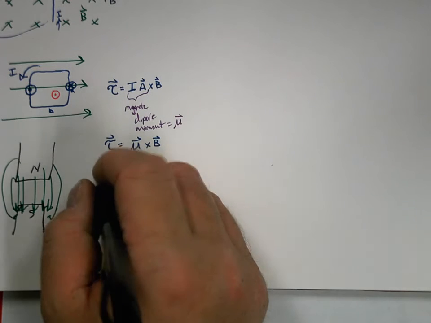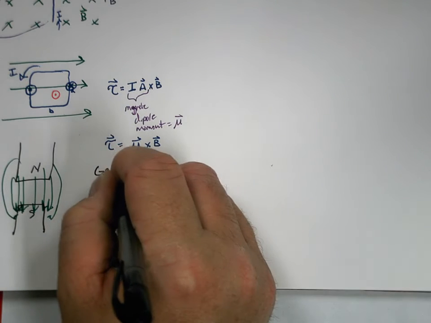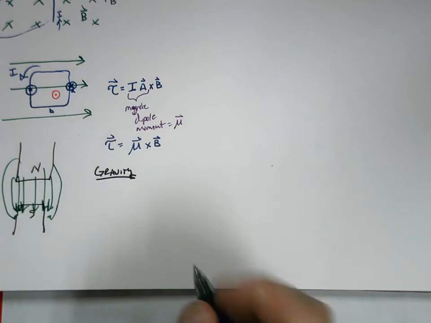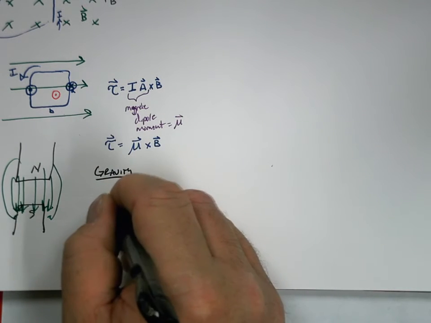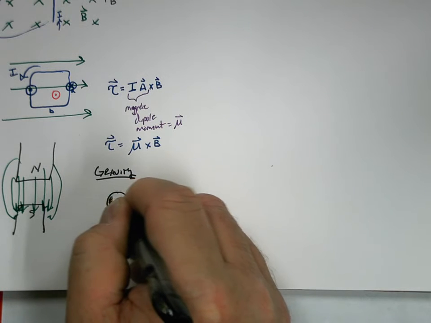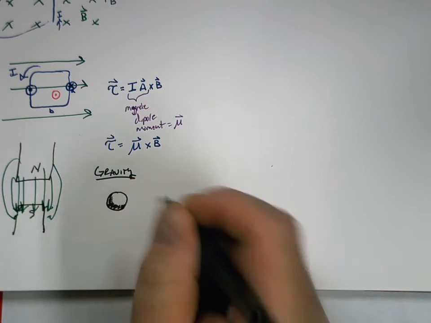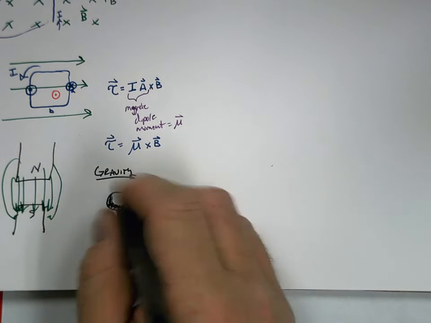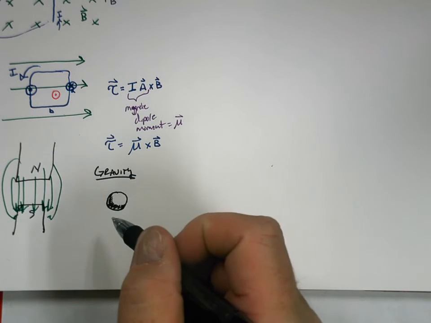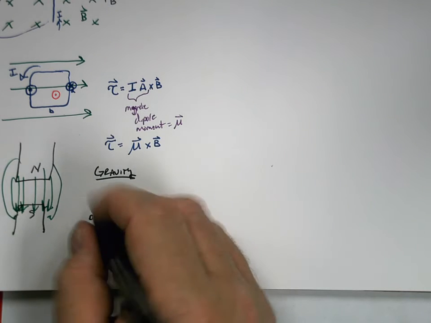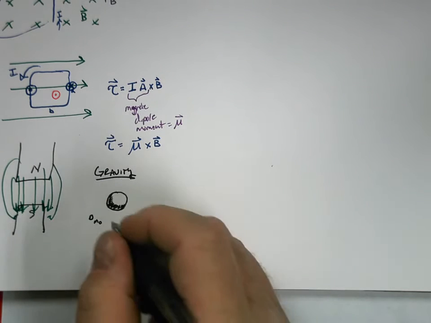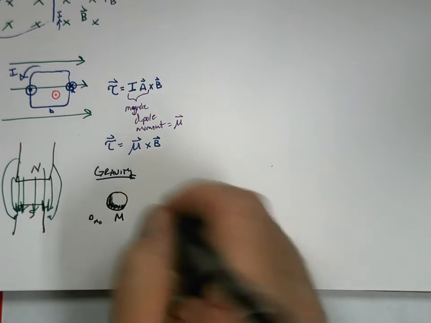We've had gravity. Gravity from a massive particle comes from a characteristic of the mass itself, and we have a little test mass, call it m naught, and this is m.